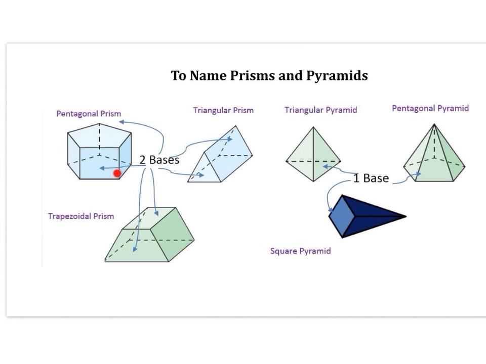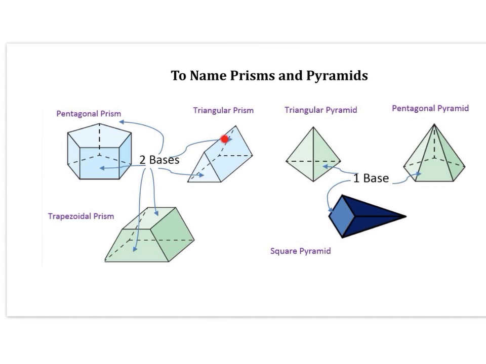This one's considered a pentagonal prism because the 2 bases are parallel. The bases are always parallel to each other, and they're always a matching shape. So this shape is a pentagon, and because it has 2 bases, it's a prism. So put that together and it's a pentagonal prism.